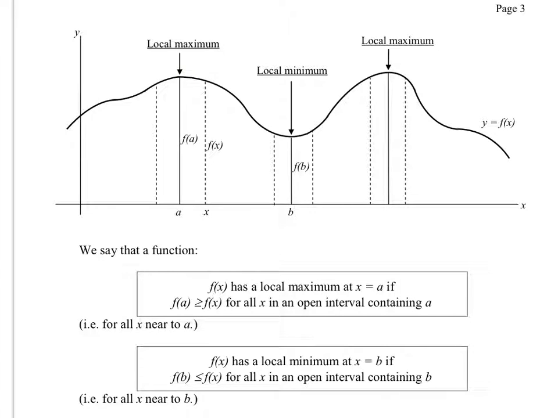And this point here also thinks it's the king. It's the biggest in that neighborhood, in that locality. So if you think about an interval around that point, it's the biggest y value in that interval. And that's kind of the definition of a local maximum. If you have an interval and you have a function that's the maximum in that interval, then it's called a local maximum.